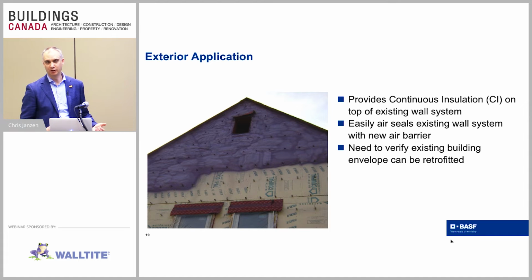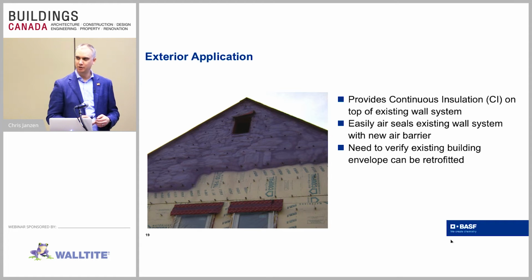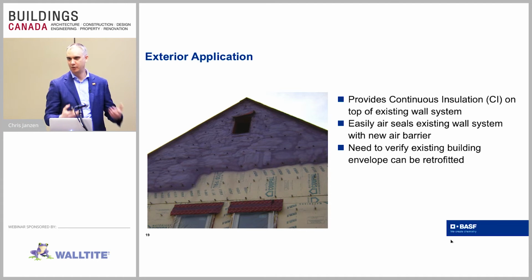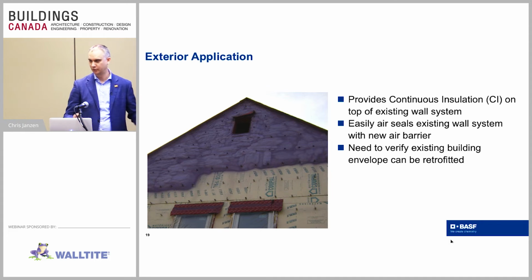It gives a great air seal, a great vapor barrier, and continuous insulation. One hiccup you might run into, if it's an old building, is what's actually in those wall cavities. If you're not opening them up on the inside, what's in there? How are you affecting the building science, air leakage, vapor barrier properties from the inside of the building, condensation control, that kind of thing?